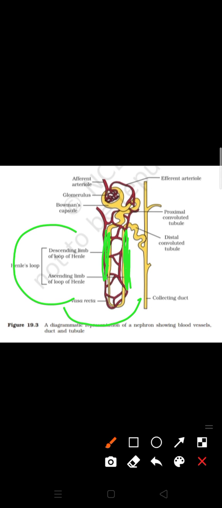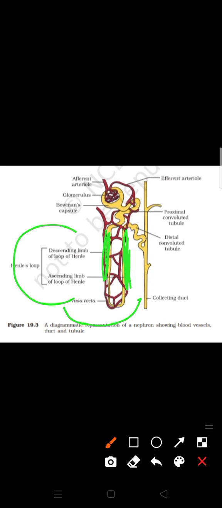Cuboidal epithelium. And in the ascending? Squamous epithelium. They are generally helpful in the absorption of electrolytes like NaCl. The ascending limb is absolutely impermeable to water but permeable to electrolytes. So we can understand that these are especially for electrolytes.